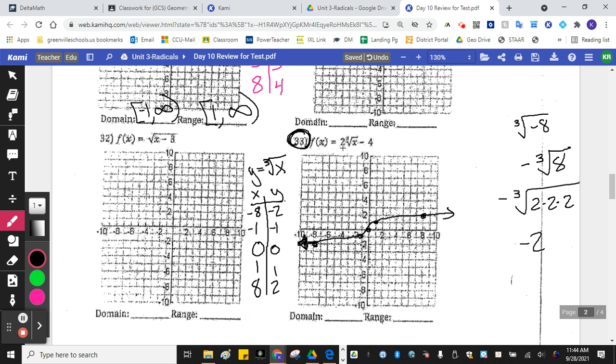2 on the outside, how's that going to affect my graph? Vertical stretch by 2. And then minus 4 on the outside, down 4.